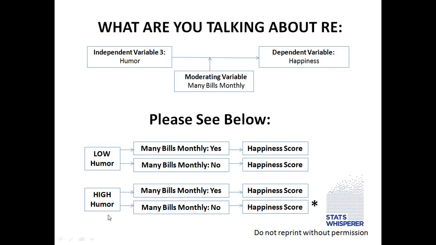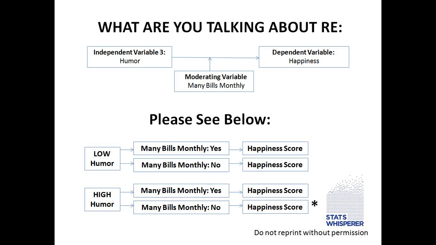And then we have high humor. The next category is high humor, and within that group there are 2 categories: those with many bills monthly, yes, and those without many bills monthly, no. And they're going to have 2 happiness scores too.